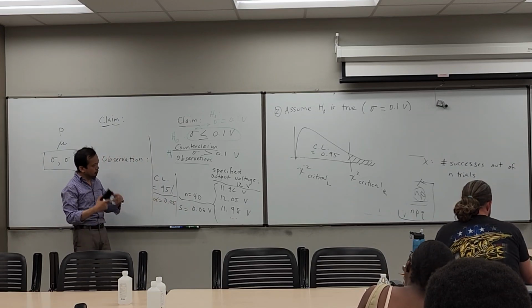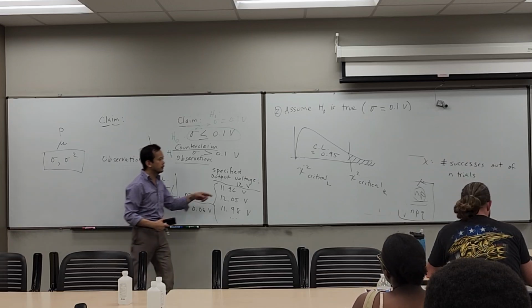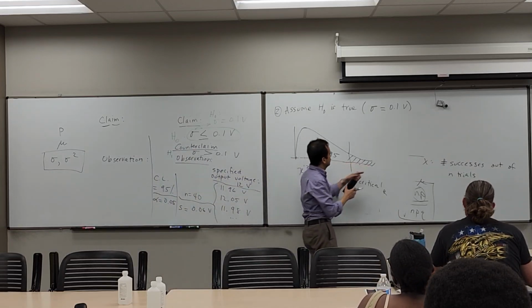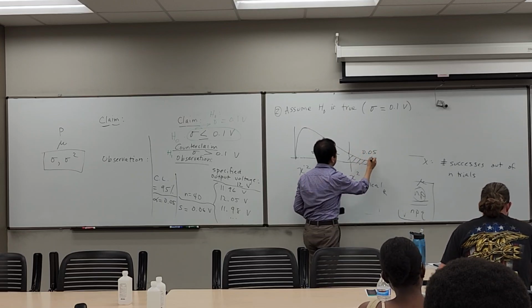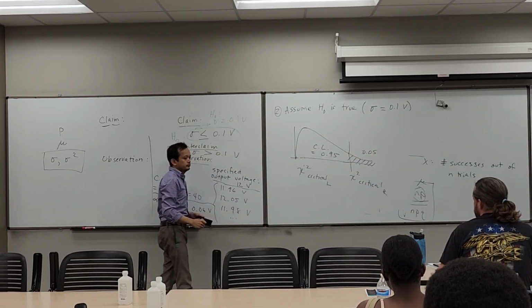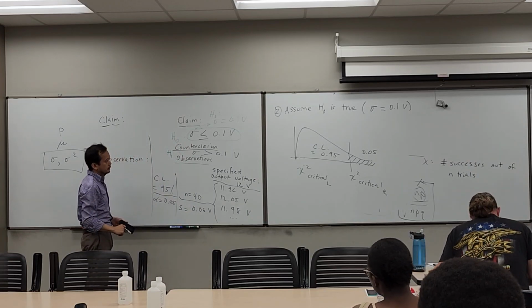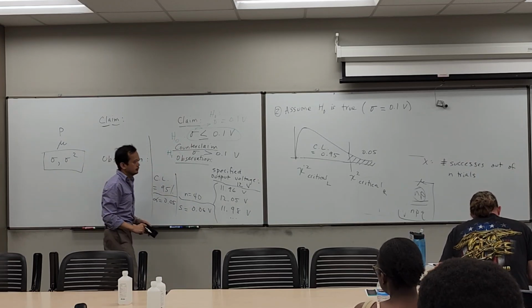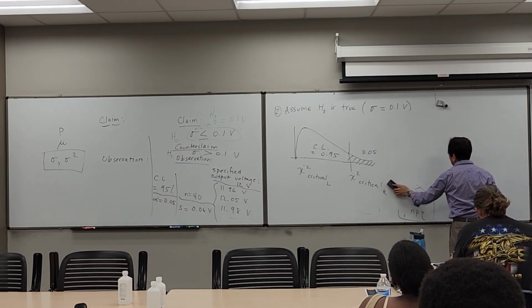So the total area of the tails will add up to alpha. Since there's only 1 tail here, that full tail will be the amount of alpha, which is 0.05. Any questions? All right.